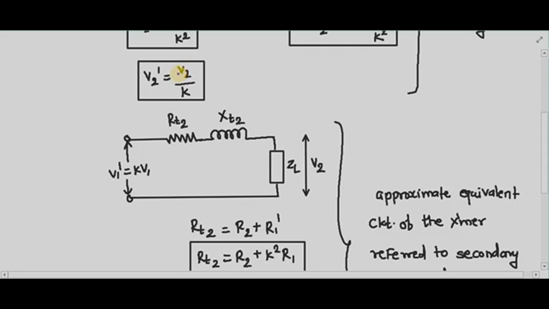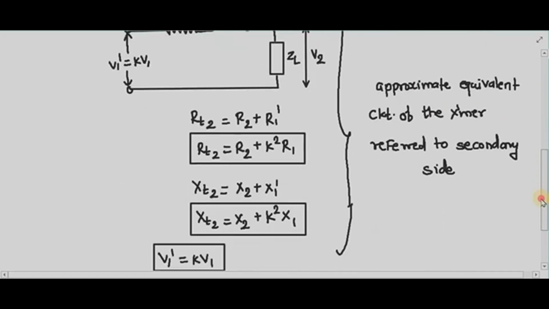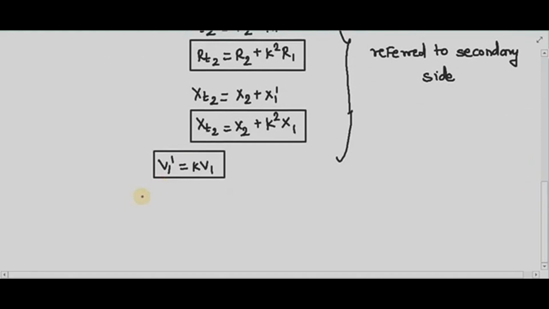Similarly, in case of the transformer, when the transformer is not delivering any current to the load, the voltage available across the secondary terminals is equal to the induced EMF E2 across the secondary winding, right? So I can write, when my transformer is on no load, E2 is equal to V2.